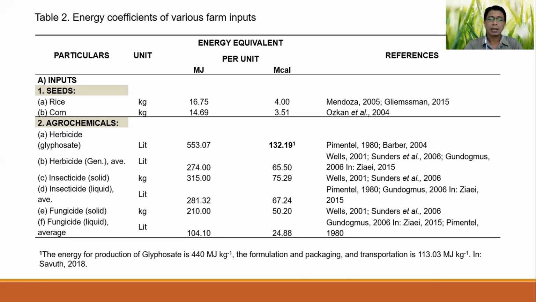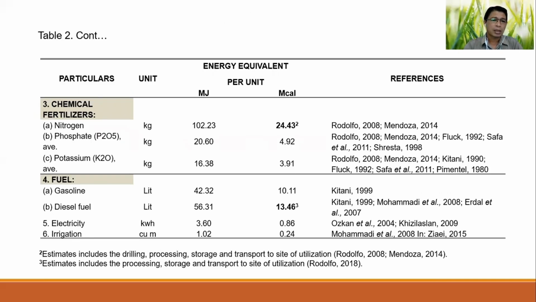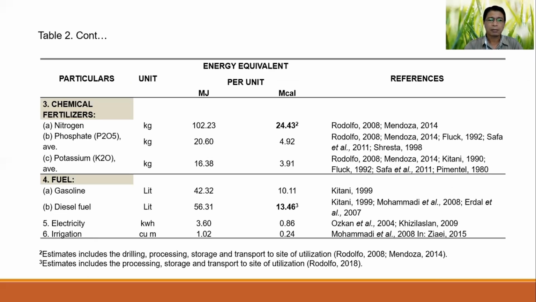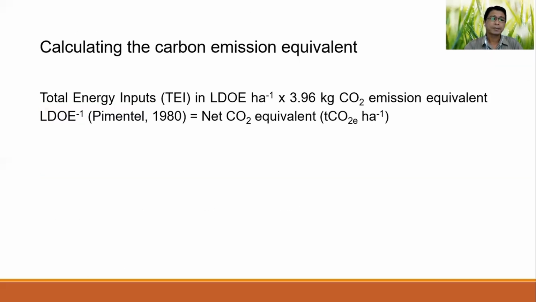And also shown here are the energy equivalents in terms of Mcal and references. There are also equivalent energy for chemical fertilizers and fuel, their Mcal equivalent units. So all these coefficients were used to account for the energy inputs.